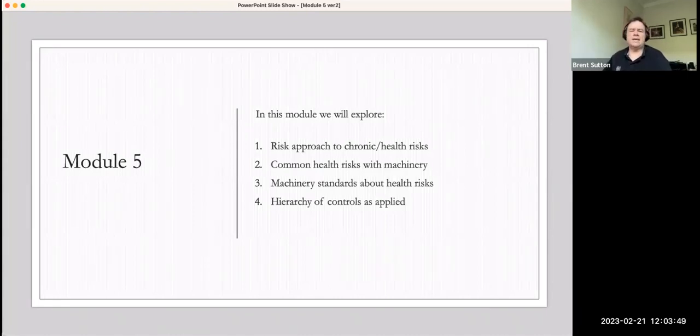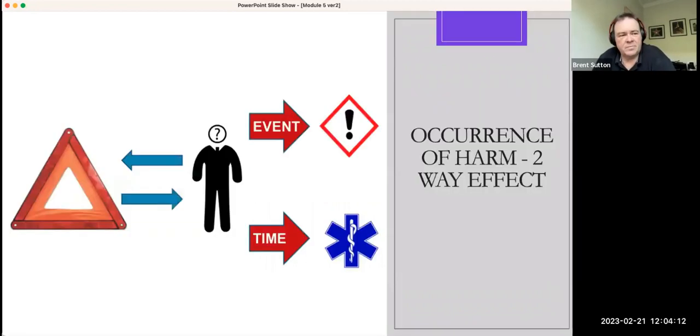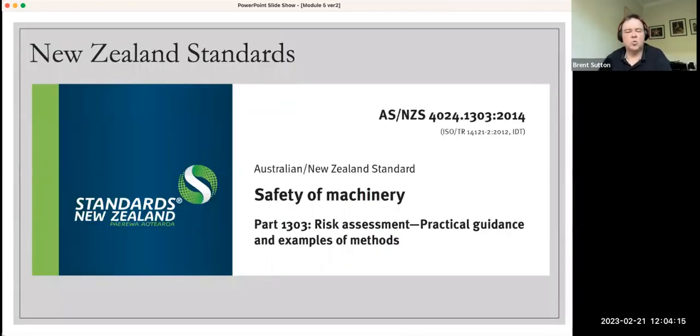The reason why I gave this its own module is because in general, our risk assessment approach to health risks is not as good as what we do around physical risks. If I think about machines, by their nature, they can cause acute harm, they can cause chronic harm, and obviously the work design can also cause psychosocial harm.